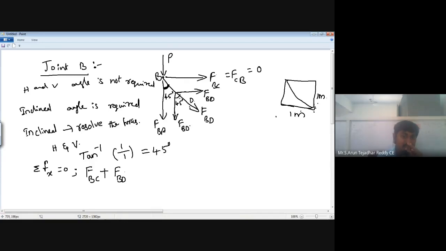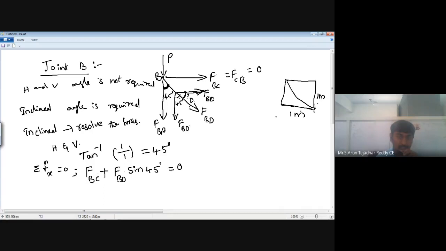So apply sine and cos. When we are going to apply sine, when we are going to apply cos, see here. First of all we are calculating FBD member horizontal. It means once you check in your horizontal point of view, is there any angle? No. So if your angle is not there, then we can apply sine here. Sine 45 degree is equal to 0.